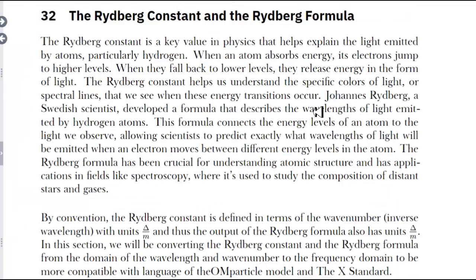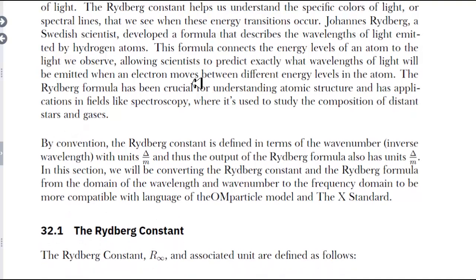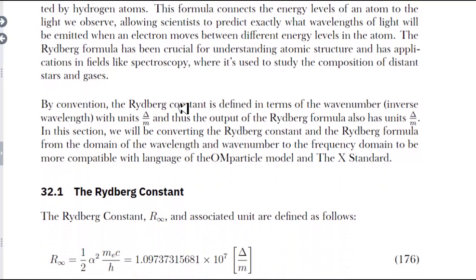those spectral lines. Okay, so by convention, the Rydberg constant is defined in terms of wave number, which is the inverse of wavelength, and it has units of cycles per meter. Technically this is a frequency term, only this is the number of cycles per meter instead of the number of cycles per second.